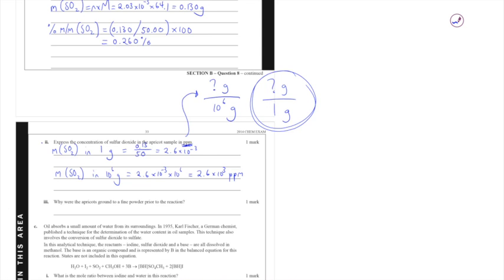The reason it's parts per million is that it's my mass of sulfur dioxide in 10 to the 6 grams. So I've got 2.6 by 10 to the 3 ppm. And again, this is a mass to mass basis.